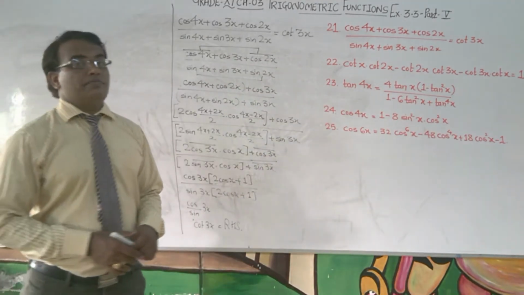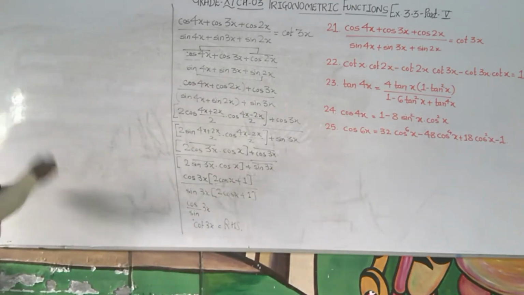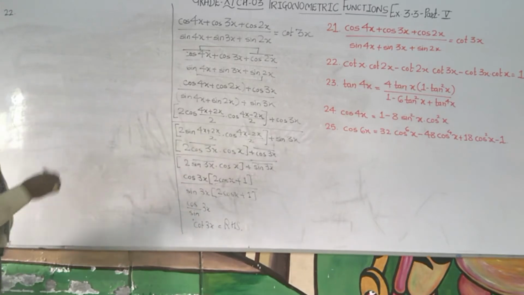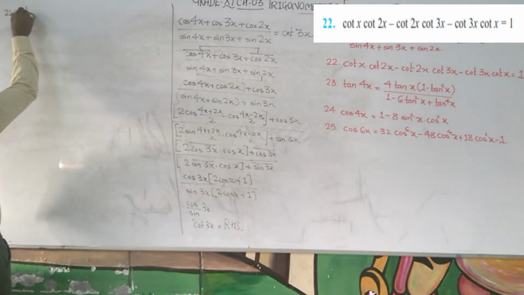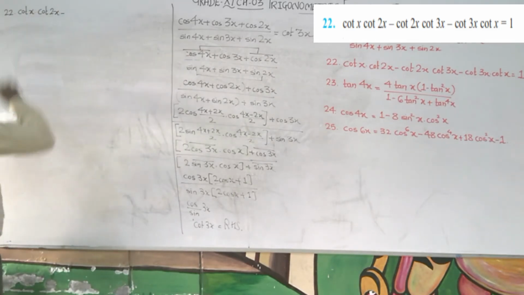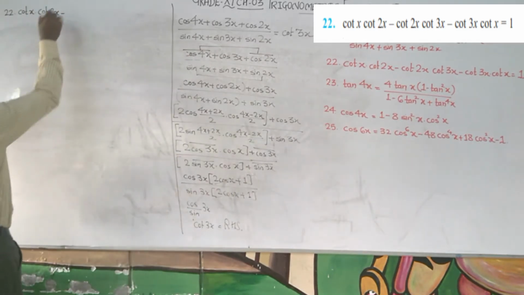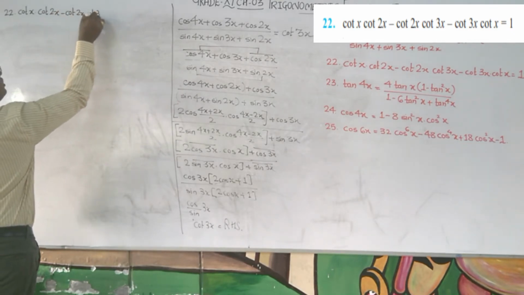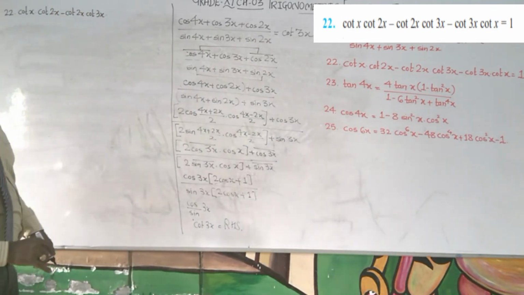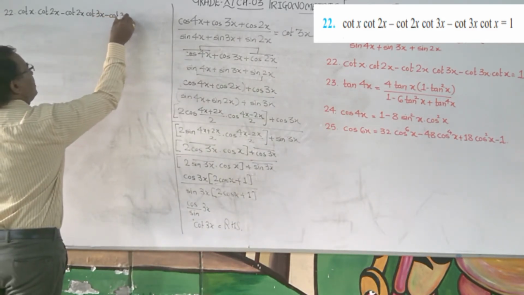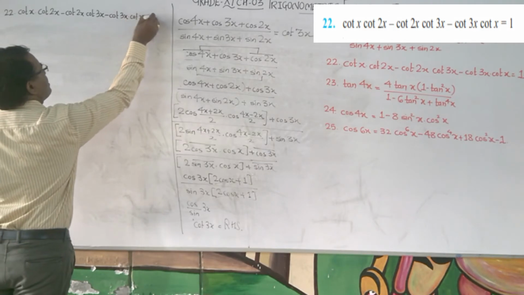Now, sum number 22, which is cot x into cot 2x minus cot 2x into cot 3x, then minus cot 3x into cot x is equal to 1.